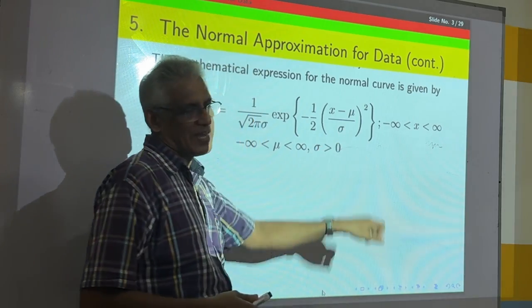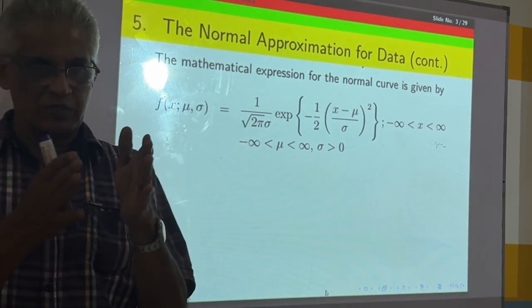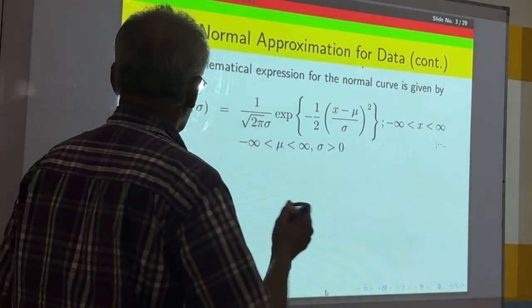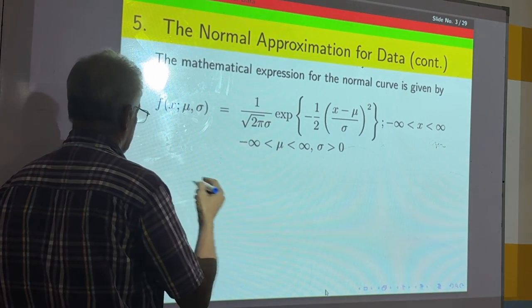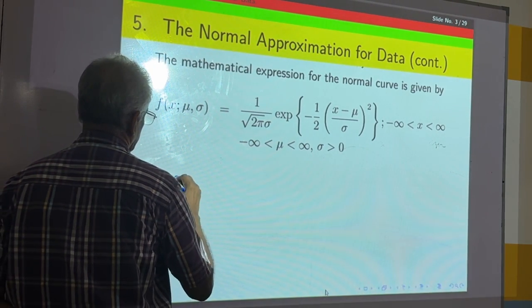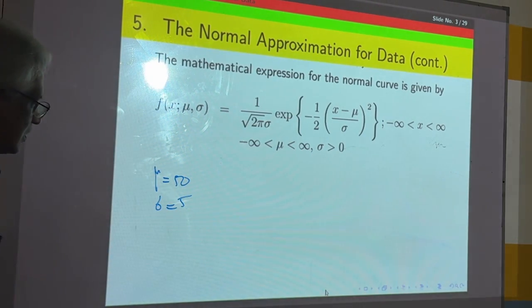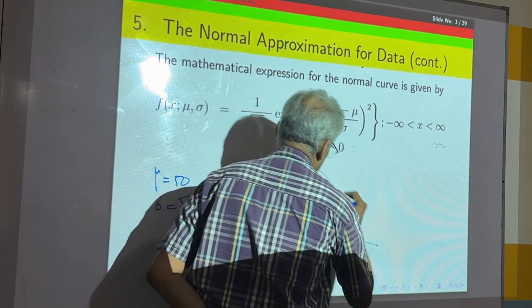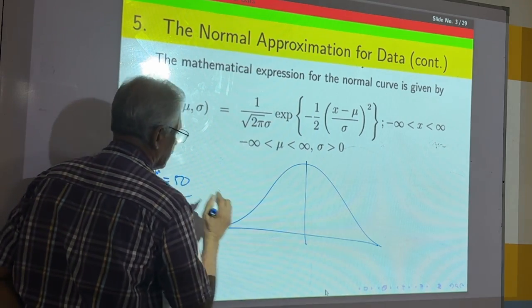This one is called the scale parameter, because it gives the scale, whether it is a very small spread or a large spread. When you draw this for a given mu and sigma, for example, if you take mu to be 50 and sigma to be 5, then this will be a bell-shaped distribution, symmetric around 50.